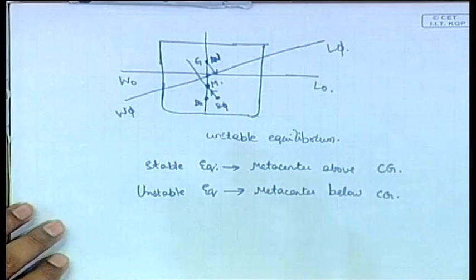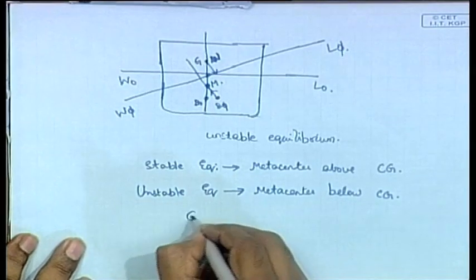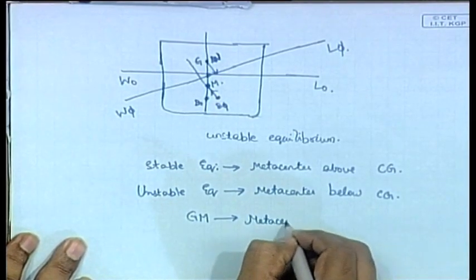Okay, this is the condition for stable and unstable equilibrium. Now this distance GM is known as metacentric height.